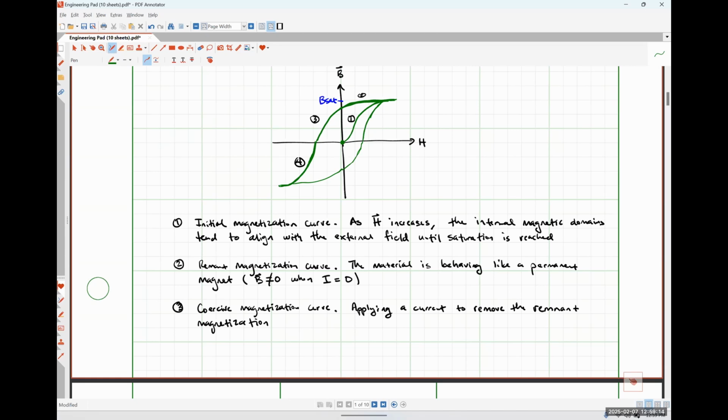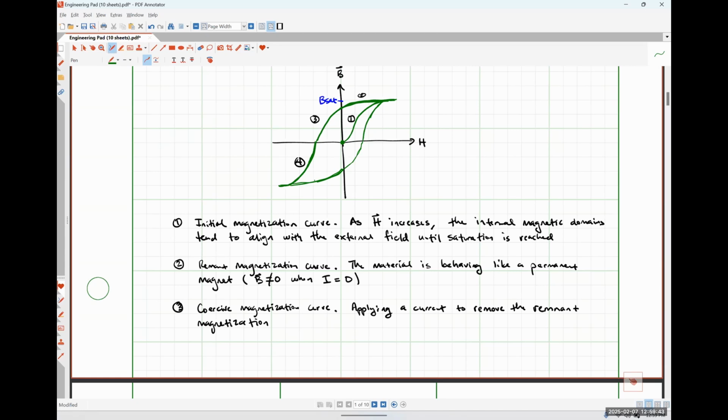And then this cycle essentially just repeats itself, right? We would have some residual remnant magnetization in the opposite direction as we backed our current back towards 0, and then we would have a negative coercive force that's getting rid of that negative magnetization as we head back up. And this cycle just repeats over and over and over again.